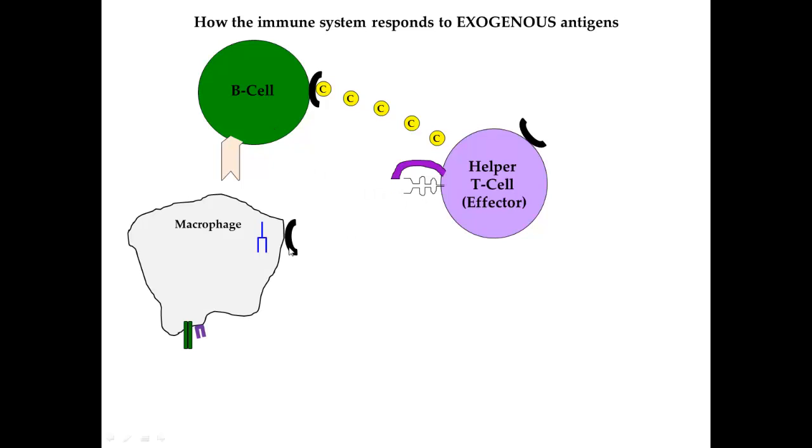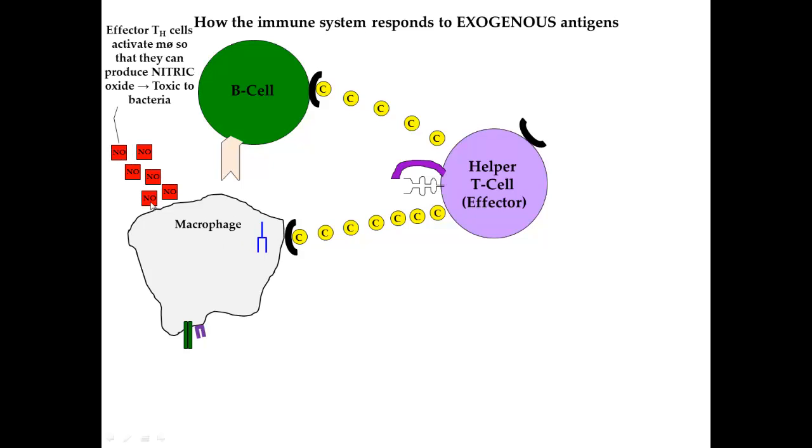Helper T cells can also activate other macrophages. And when those other macrophages become activated, it induces them to produce nitric oxide. So effector helper T cells can activate macrophages so that they can produce nitric oxide, which is toxic to bacteria.